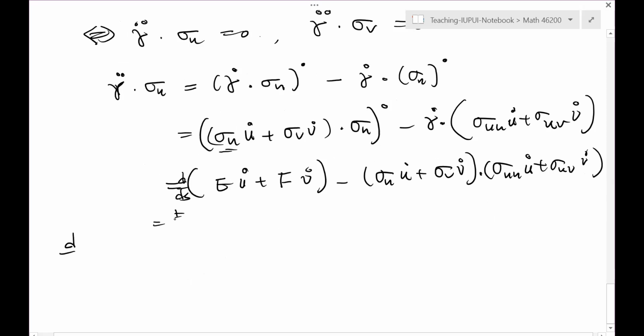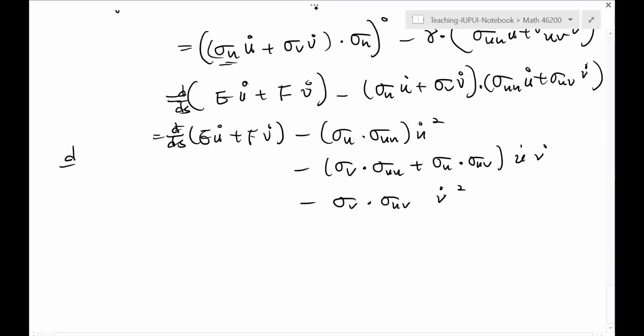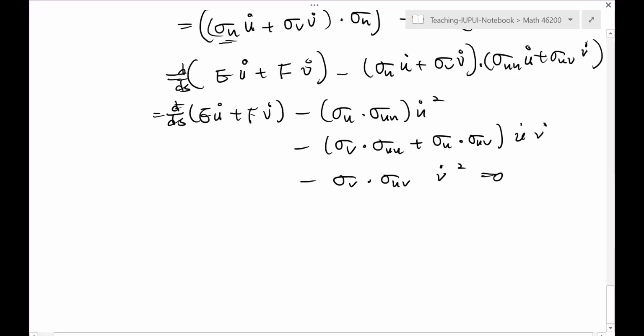So E u dot plus F v dot, and I'm going to multiply this out. So u dot, sigma u, and minus, sigma v dot sigma uu plus sigma u dot sigma uv, u dot v dot, and minus sigma v dot sigma uv. Keep track of that. So what do we get here? This is supposed to be 0. Now I need to look at what this is.